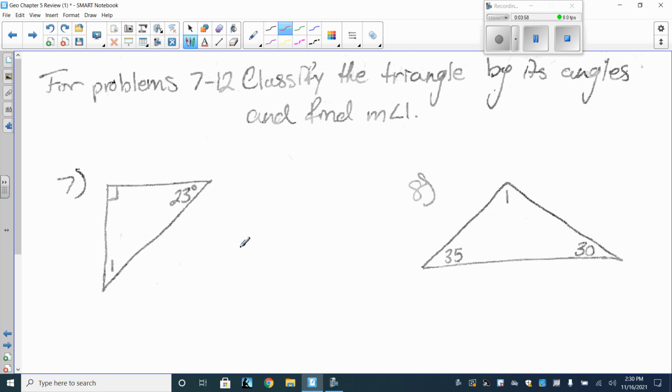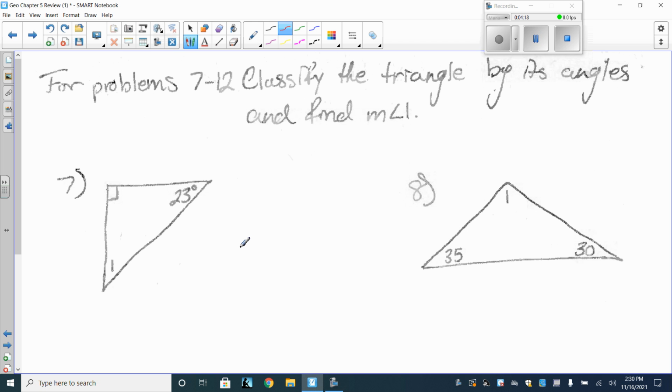Any questions on 7 through 12? 7 through 12, classify the triangle by its angles and find the measure of angle 1. One of these in particular that y'all want to look at? Number 8.